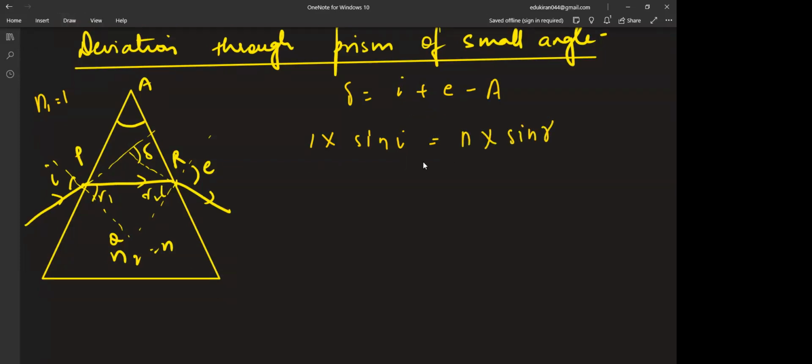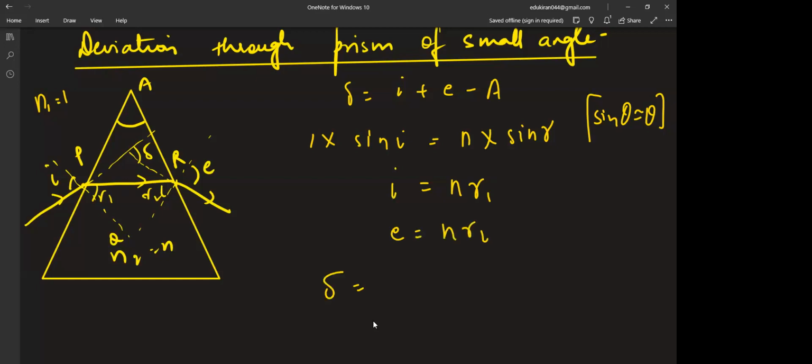Fine. So when we have a very small angle, we always write, see, sine theta becomes approximately equal to theta. So we can write this almost equal to I. So this becomes N R1. Similarly, here also when you apply, this will be N R2.